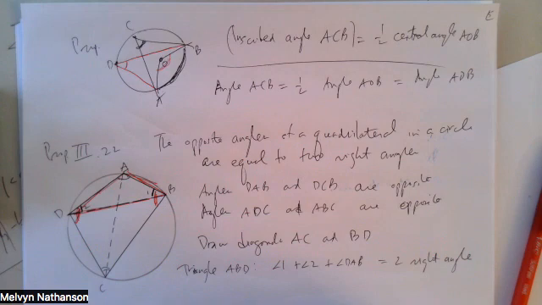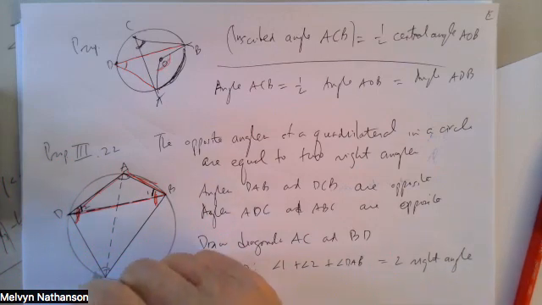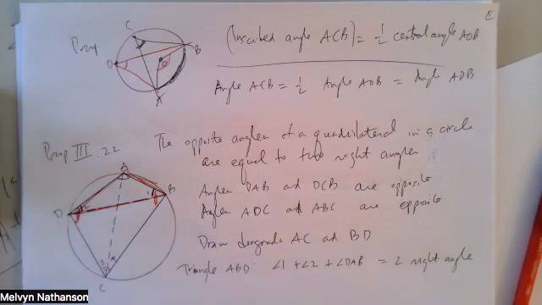And let's see, let me label 2 other angles. Let me call this angle 3 and this angle 4.